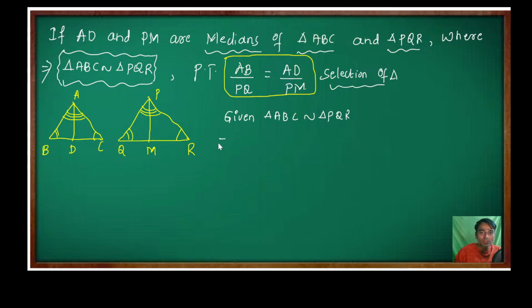So this implies what? Ratio of corresponding sides: AB by PQ, BC by QR, then we have AC by PR. We can write these three equal. Correct? Yes or no?